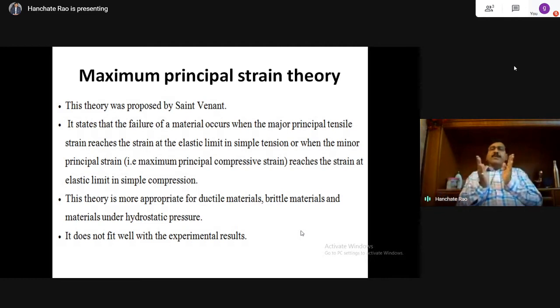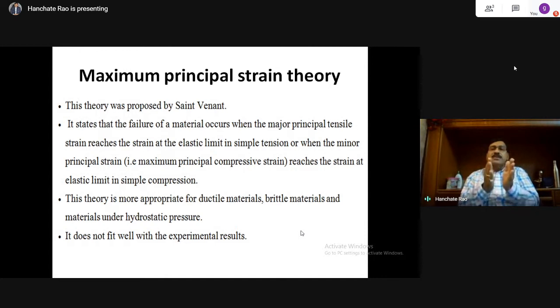So two things are compared. One is the strain due to principal stresses. The other is the strain at the elastic limit. These two are compared. There are two parts: one is the tension part, the other is the compression part. The tension part is dealt with by the major principal stress sigma 1. The compression part is dealt with by the minor principal stress sigma 3.